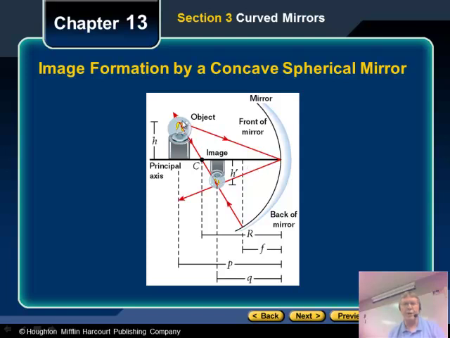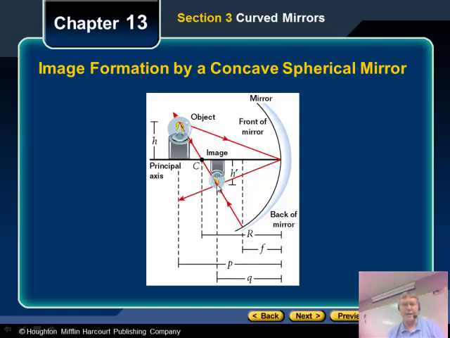So we draw this ray that strikes the mirror at the center and comes back such that the angle of incidence equals the angle of reflection. Then a ray that passes through the center of curvature hits the mirror perpendicular to itself, since it is a radius, and bounces back right along itself.